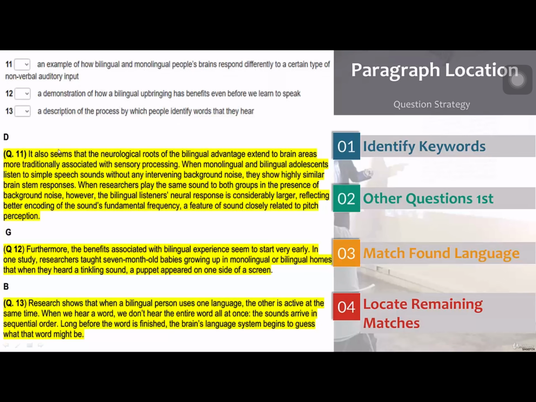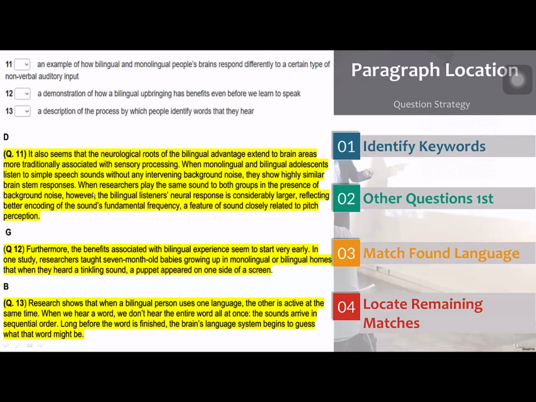So you see, in the first 2 sentences, they tell you that they're talking about processing. Then they tell you how monolingual and bilingual are the same. And then in the 3rd sentence, they tell you how it's different. So the exact information for number 11 was pulled from that 3rd sentence, really the last sentence.